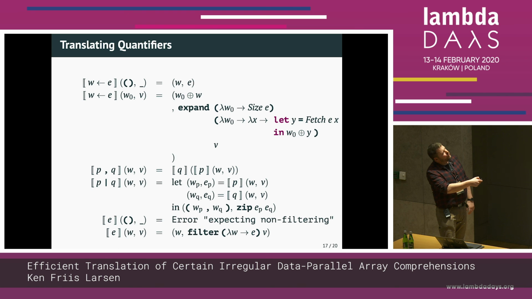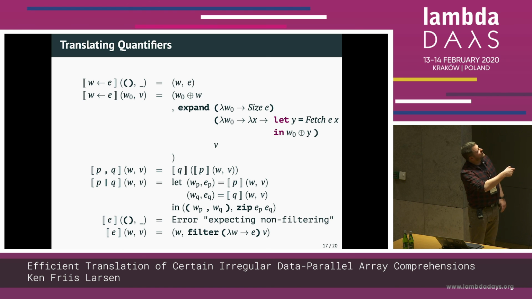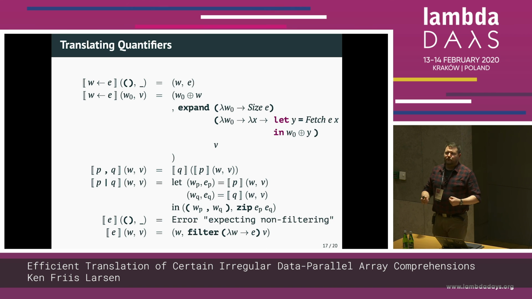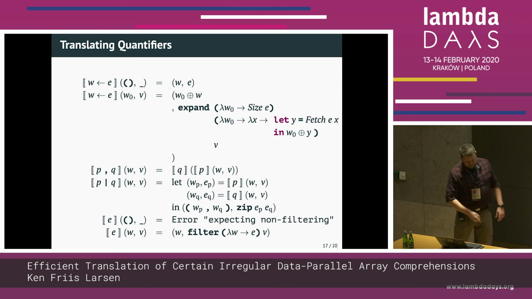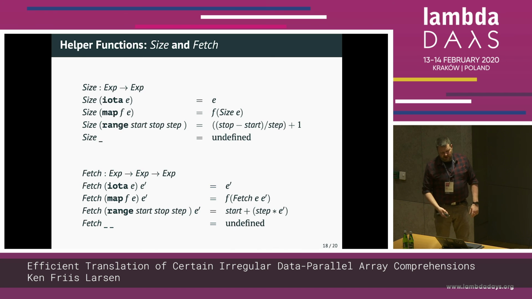And we're using two meta functions here, size and fetch, and that's where the magic happens, you might say. In some sense, this translation is also a fusing of certain simpler constructs, and the fusing is happening in these two meta functions, which I have on the next slide.